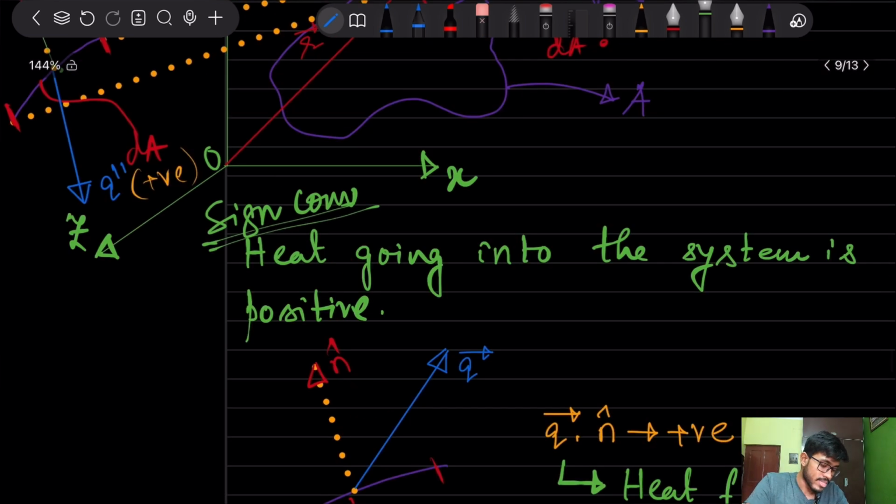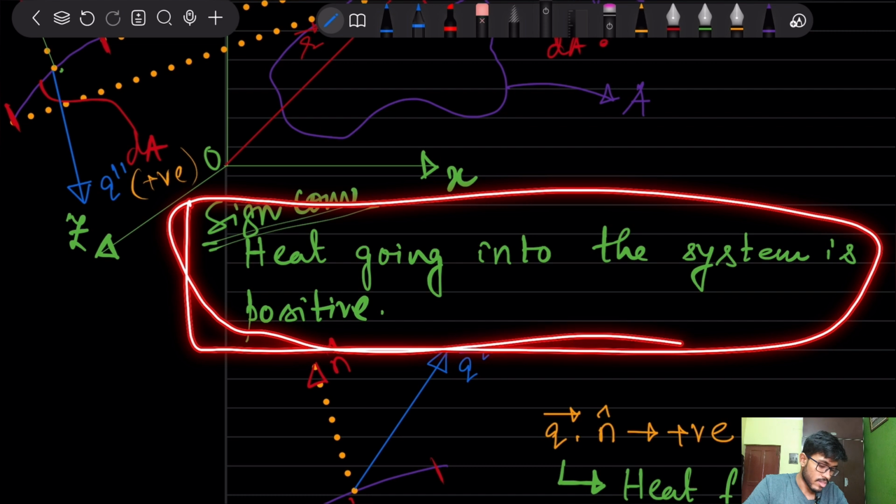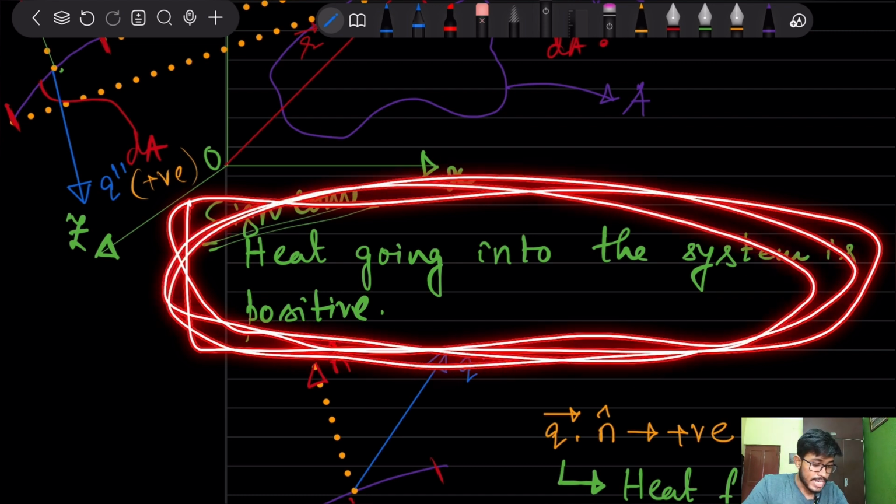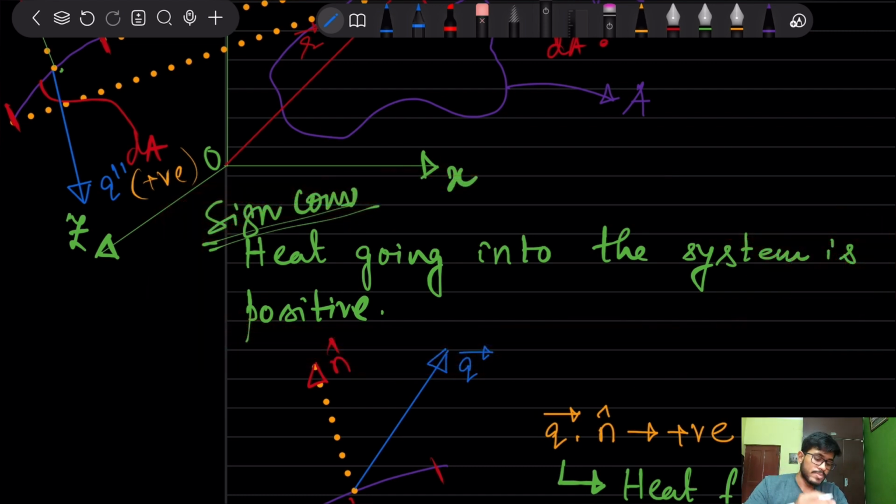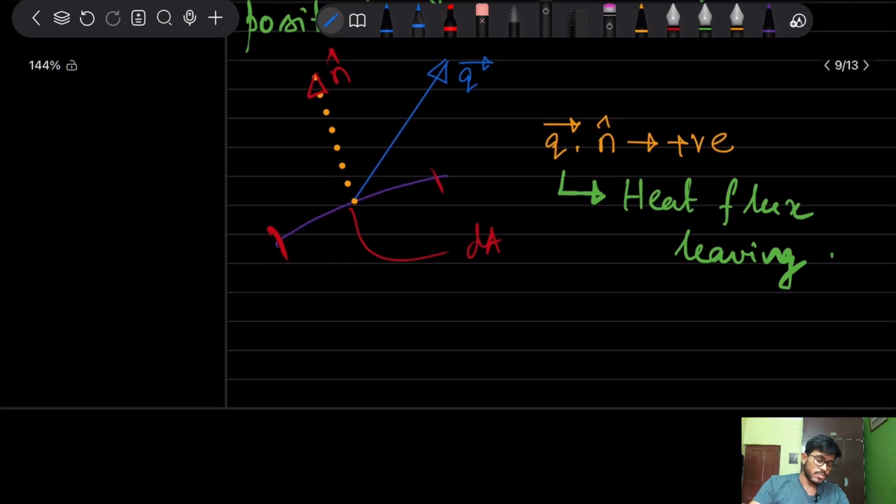But according to my sign convention, if the heat is leaving from the system, that must be negative. That is why I will take here my heat flux as minus q dot n.